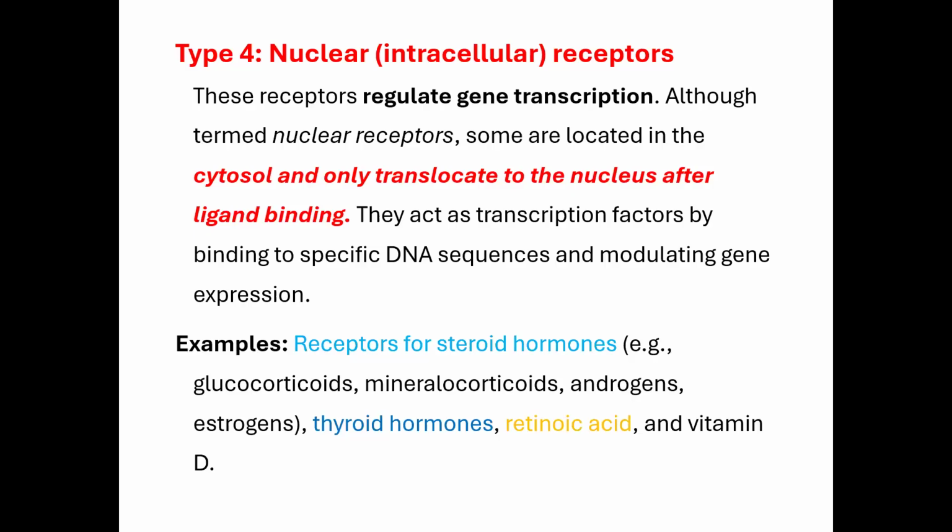Examples of these types of receptors are steroid receptors, or drugs like steroids tend to bind to this type of receptors. That's why we normally say steroids penetrate and enter the cell. However, the receptors they bind to are within the cytosol.